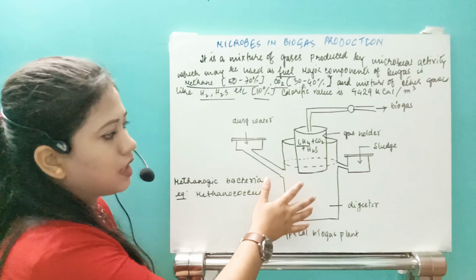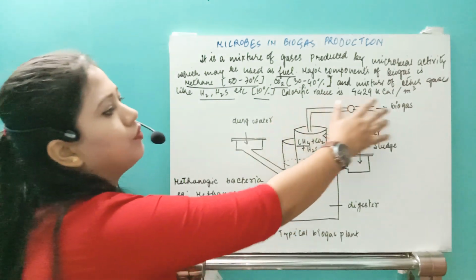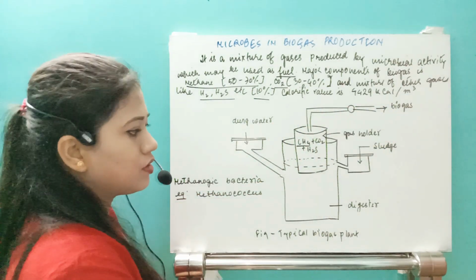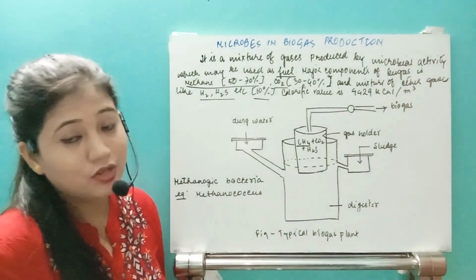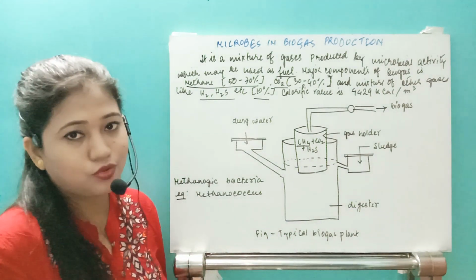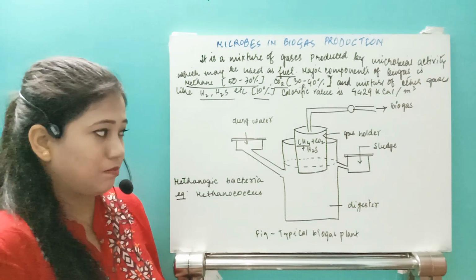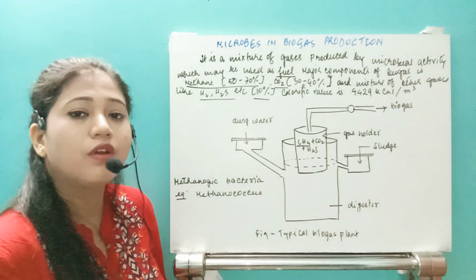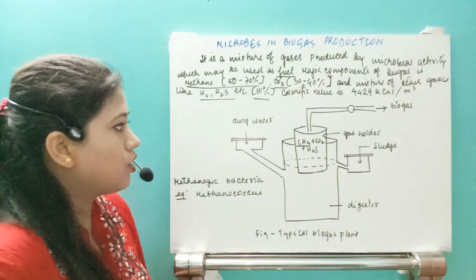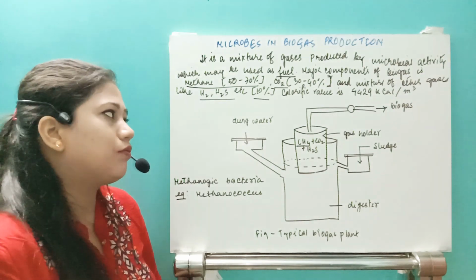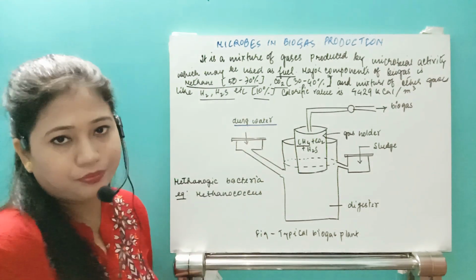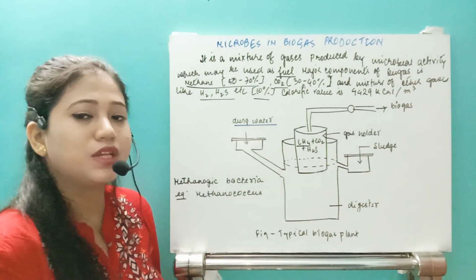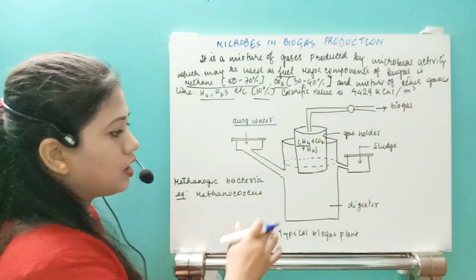Then, from time to time, we get the biogas through the holder, and the used slurry can be removed through the sludge outlet, which can be an alternate source of biofertilizer. In this biogas plant we use cow dung. First, the cow dung is mixed with water, then it is fed into the digester.